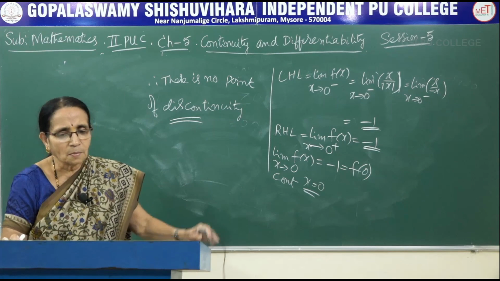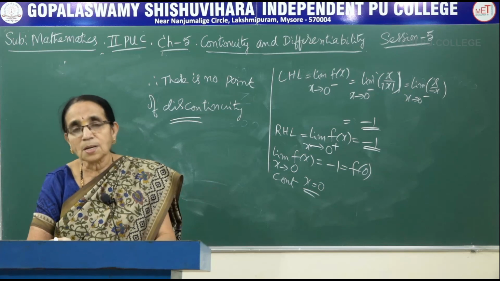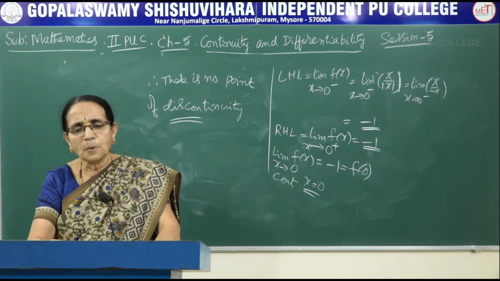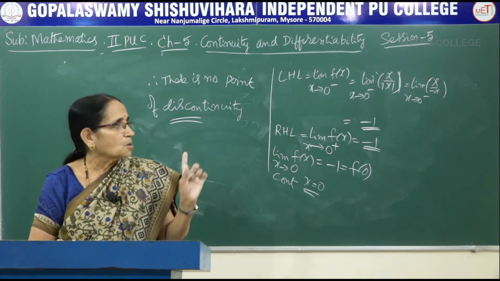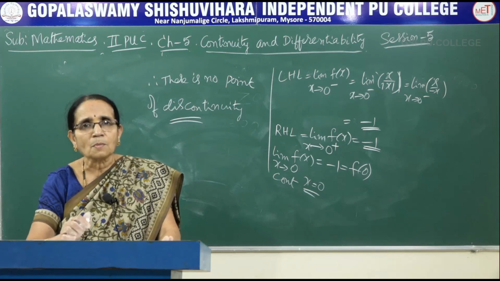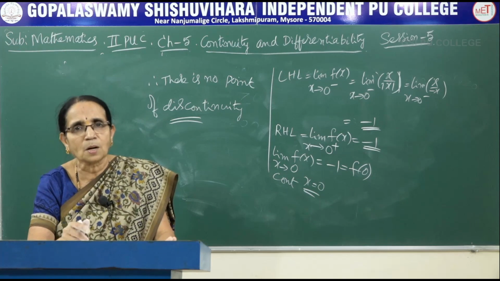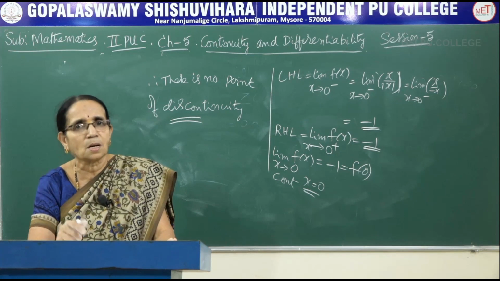Any other problem we come across, if the question is asked to find the points of discontinuity, depending upon the definition of the function, you consider the different cases. Here we have discussed 4 problems. In three of the problems, we had only one point inside the domain, so we considered 3 cases: before, after, or at that point.